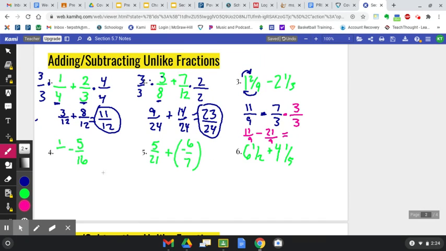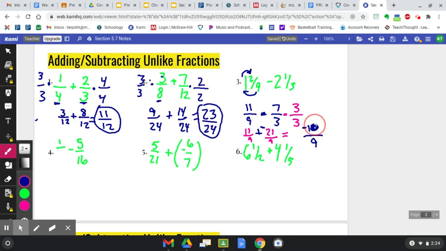What I'm going to do is make that an addition problem. So I'm going to leave that 11, and leave, change, opposite. These are opposite signs, so I'm going to subtract. 21 minus 11 is 10. This one's bigger and it's negative, so it's going to give me negative 10 over 9.